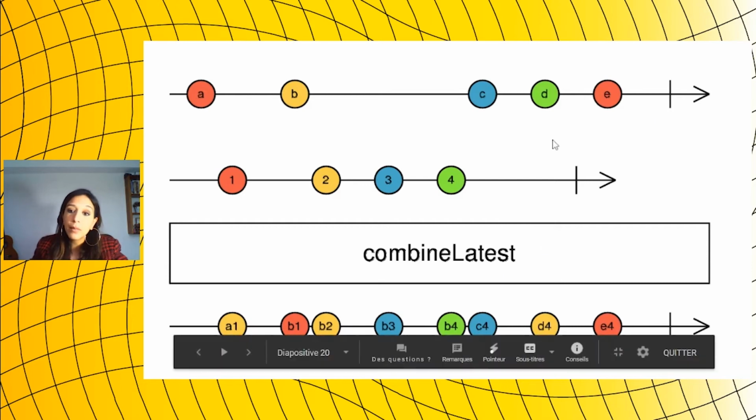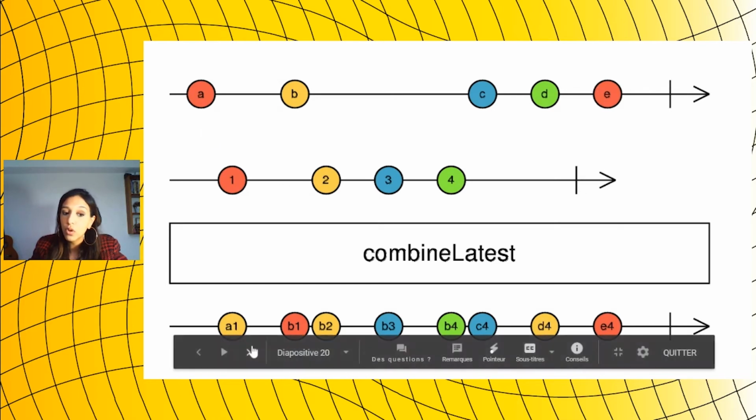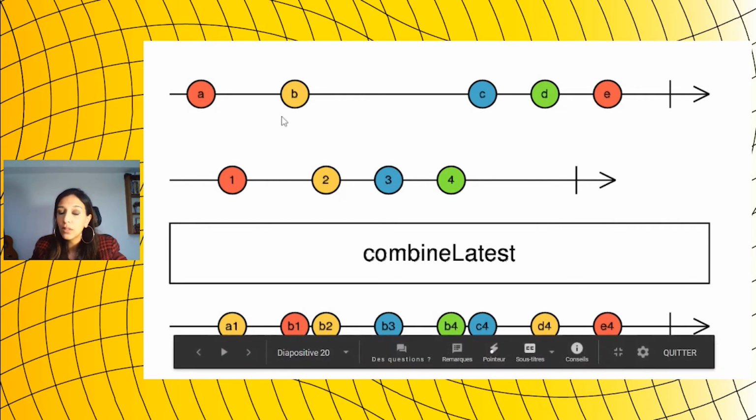Okay, so here, for example, I have two streams. The first emitted value is A for this stream. The second one is 1, so you have A1. Now, the first stream emits another value, which is B. At that point, the second stream didn't emit anything, so the last value is 1. So you have B1.